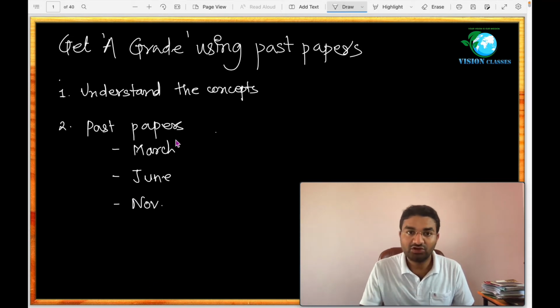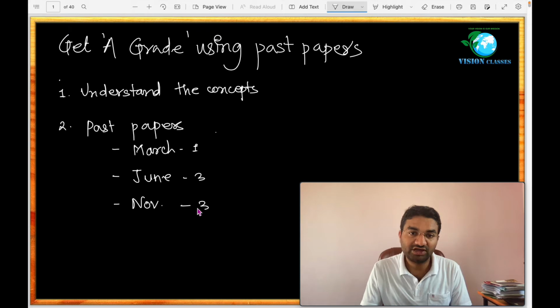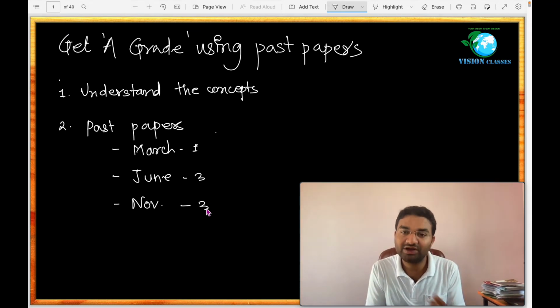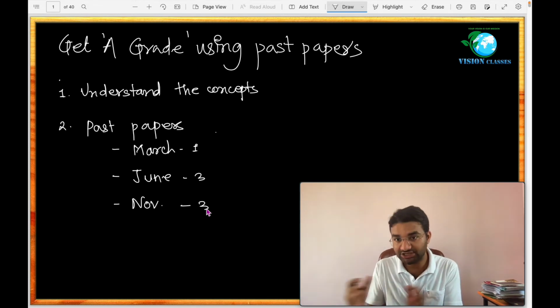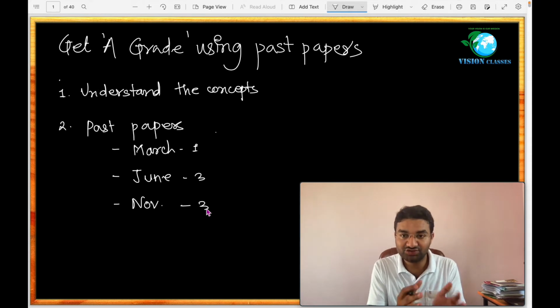So you get nearly one paper from the March past paper, then three. Let's take Pure Mathematics 1, just one paper. So you have nearly seven papers for each year, isn't it? Just look at how many resources you have to study or prepare.